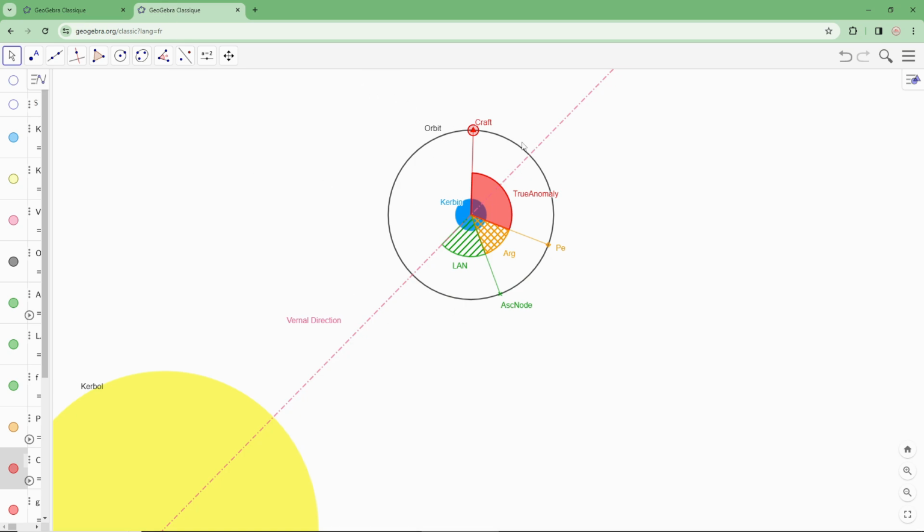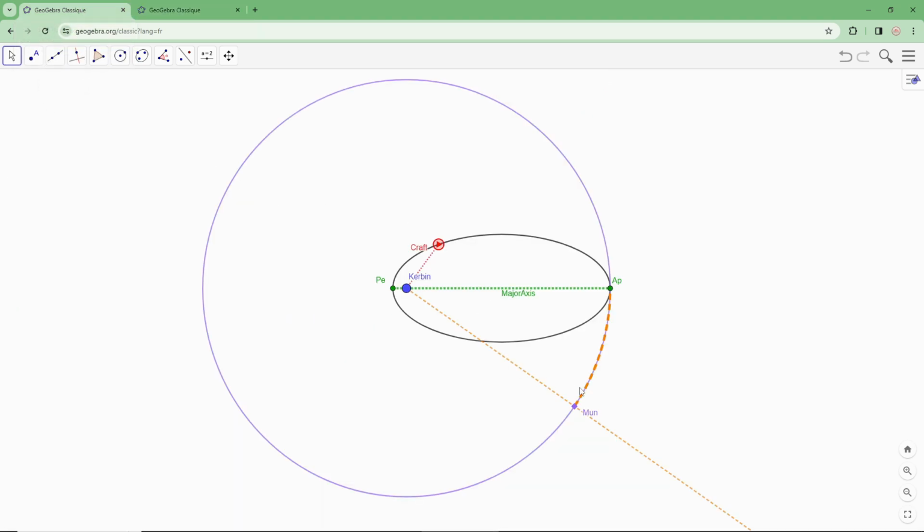You calculate the angle of your craft using the vernal direction, the angle of the moon using the vernal direction. Okay, and you can have access to the angle between the craft and the moon at any moment. Okay, and you want that angle to be equal to the angle calculated here with 180 degrees minus that angle. Okay, I hope I was clear with those explanations, because I'm using that in my script.